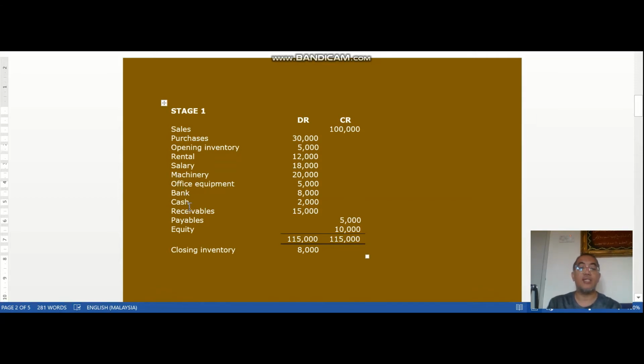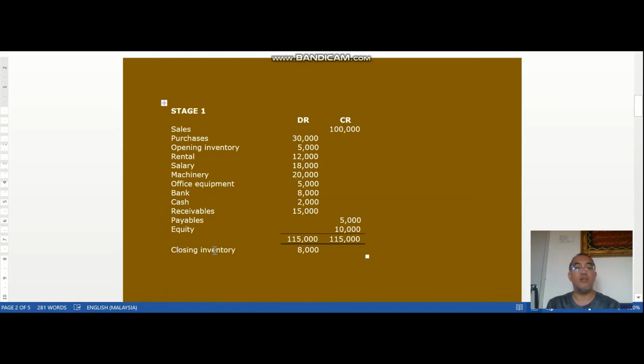Bank, cash, receivables are also assets, should be in your statement of financial position. Payables is a liability, so liability is inside your statement of financial position, and equity, also known as capital, will also be in your statement of financial position.